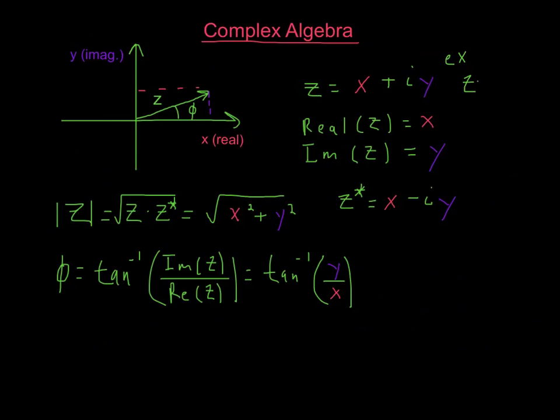For example, z could be equal to, and I'll still use my colors, 10 plus, that's supposed to be a plus, let's keep going, and then 20, and the units would be ohms.